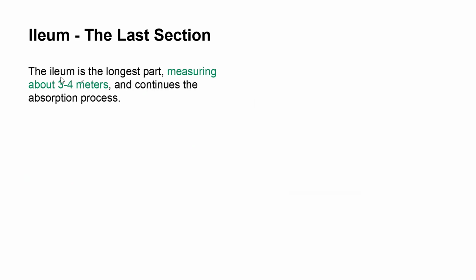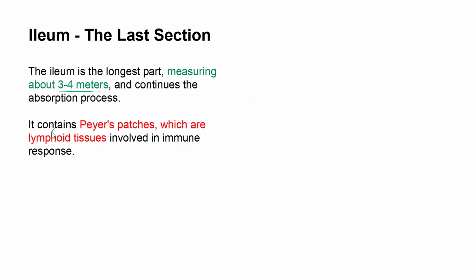Then the next one is the ileum, which is the last section of the small intestine. The ileum is the largest part, measuring about 3 to 4 meters, and it continues the absorption process. It also contains Peyer's patches, which are lymphoid tissue involved in immune response.